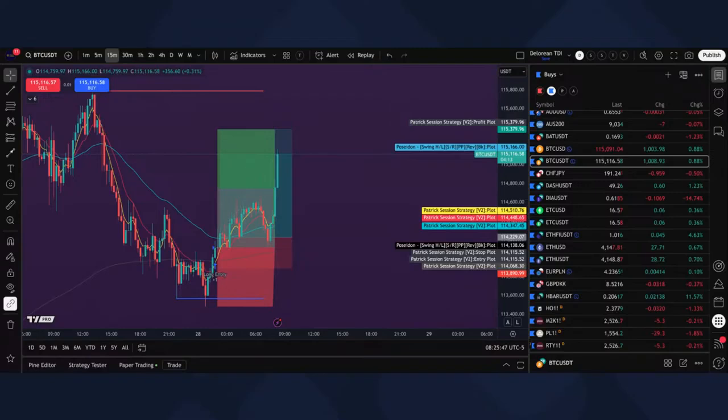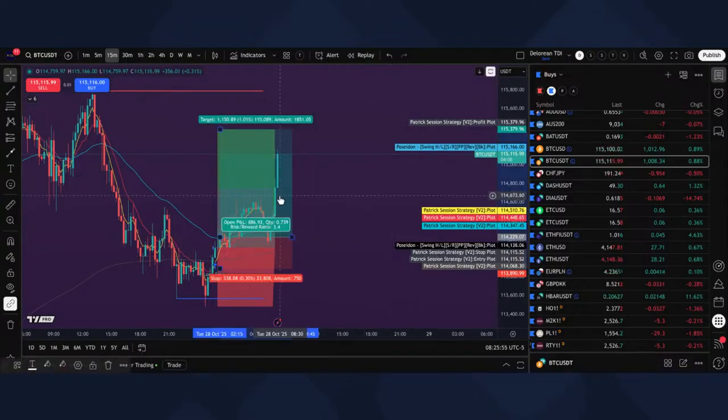What that basically means dollar-wise is if you were to take 0.01, which is the smallest lot size you can take on most brokers on this type of leverage, you should be around $1,150.89 in profit for Bitcoin. Slightly more than that for Tether.